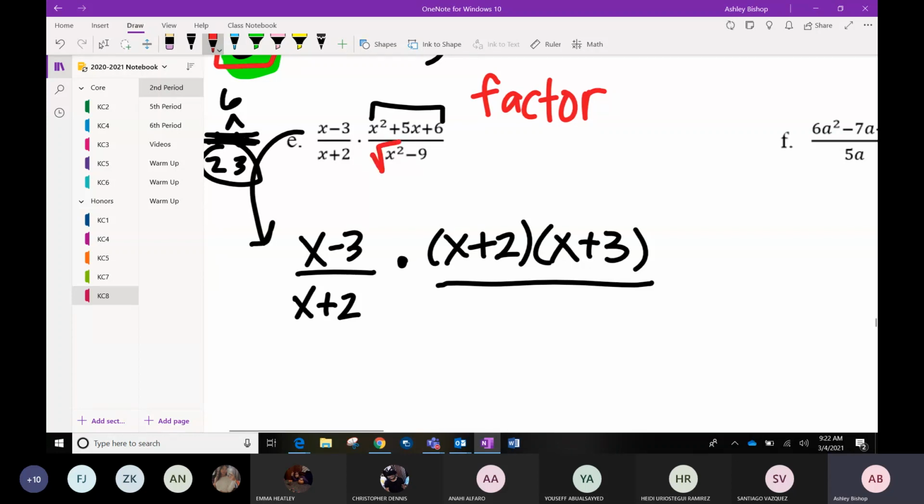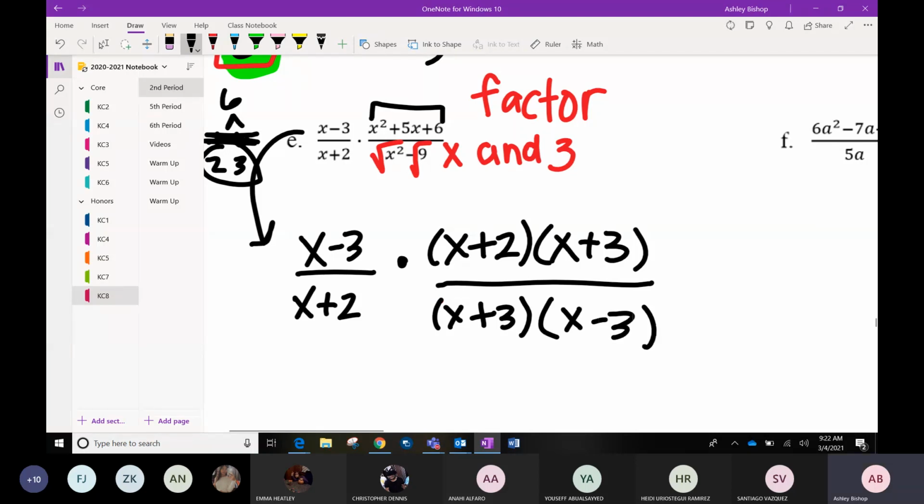So I'm going to take the square root of both things. The square root of x squared is x, and the square root of 9 is 3. I take those two things and add them together, x plus 3. And I take those two things and subtract them from each other, x minus 3.